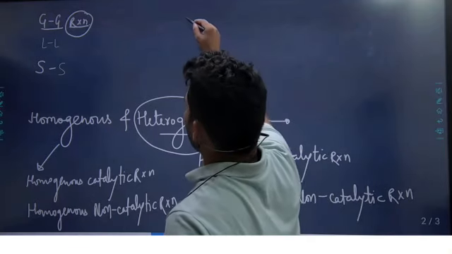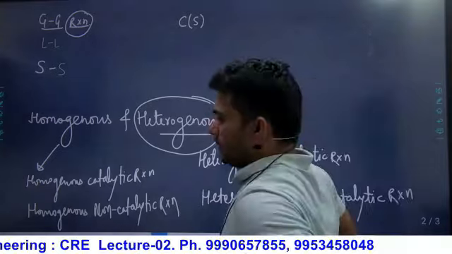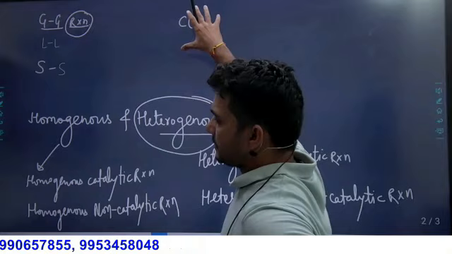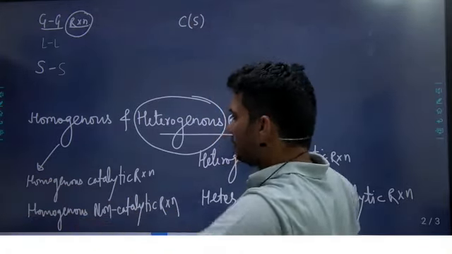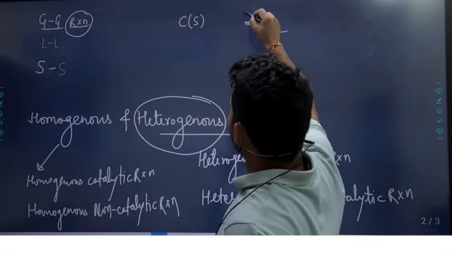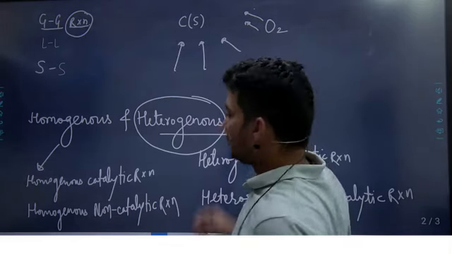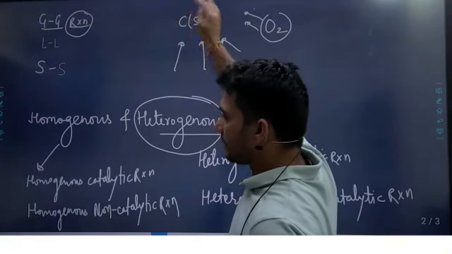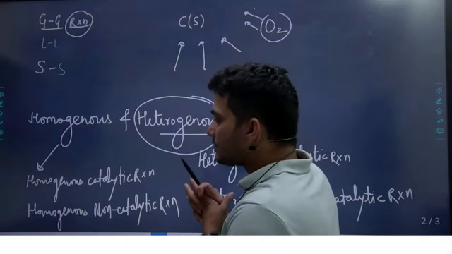Just try to understand. Suppose I am taking carbon, which is solid. In this case, what will happen? When you put the carbon into the atmosphere, the oxygen will try to reach the surface of the solid. When the oxygen does not reach the carbon surface, the reaction cannot take place, because the reactant is not easily available.